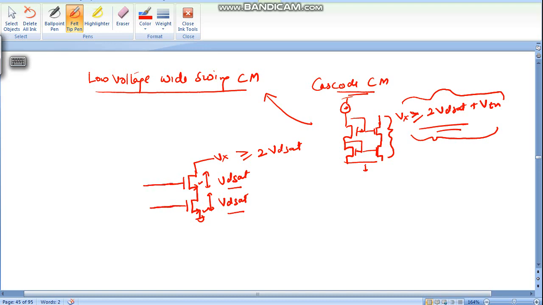So to achieve this we need this voltage VB, say this is the bias voltage, to be equal to, say this is M1, this is M2, Vdsat plus VGS2.